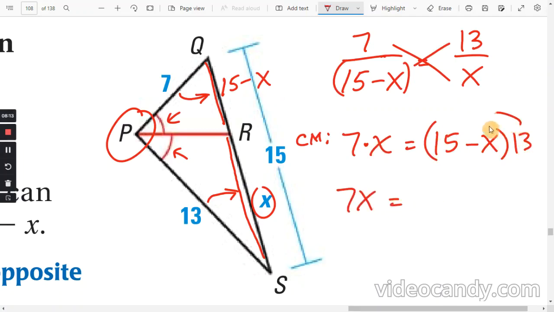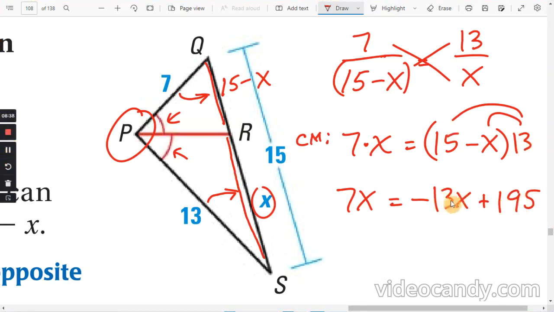Distributing, 13 times negative X is negative 13X. 13 times 15, that's going to be 130 plus 65. I think that is 295. All right, I'm going to check real quick. Okay, it's actually 195. 13 times 15.